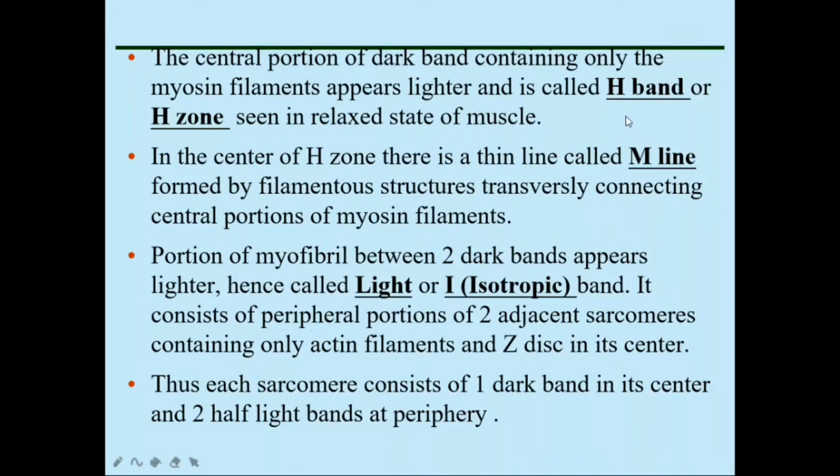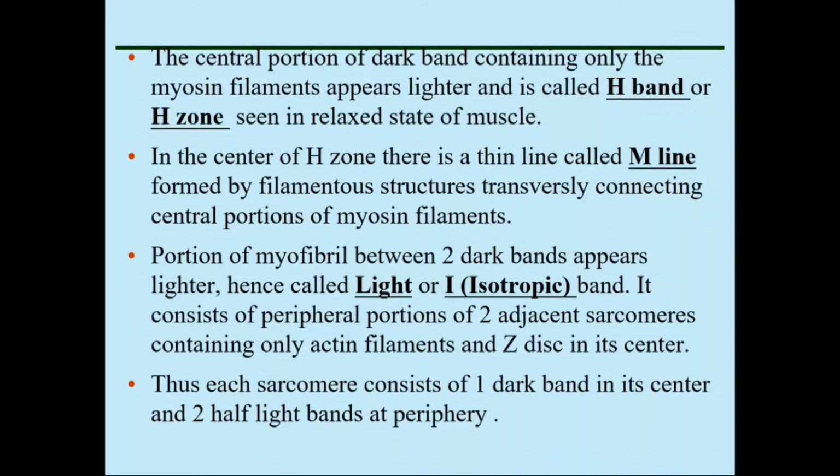So the central portion of the dark band containing only the myosin filaments appears lighter and is called H band or H zone. This is seen in the relaxed state of the muscle, so that the actin filaments are pulled out of the myosin filaments and this zone appears in the center.